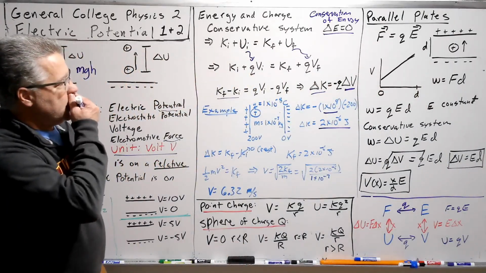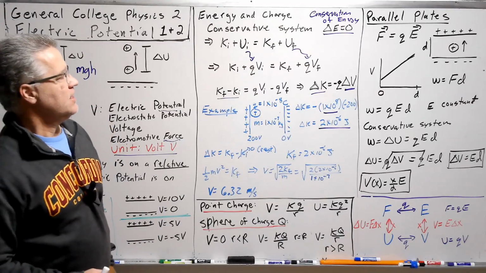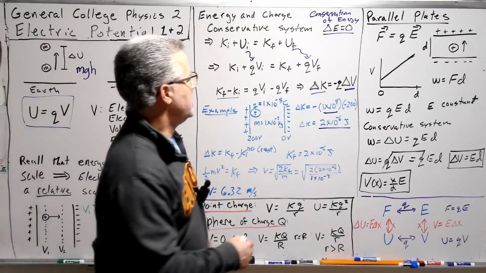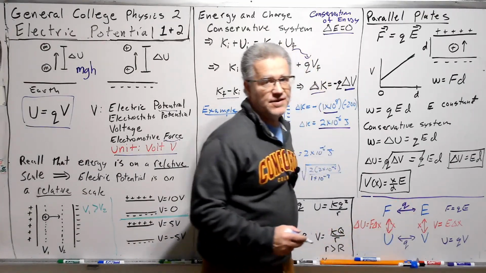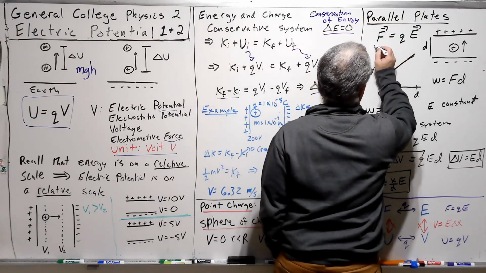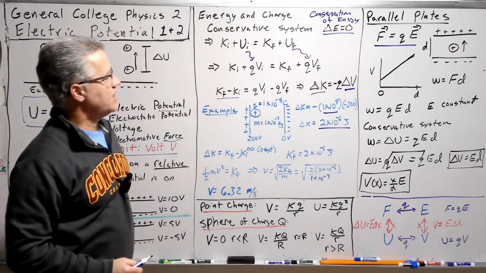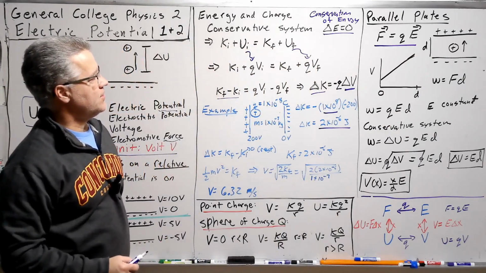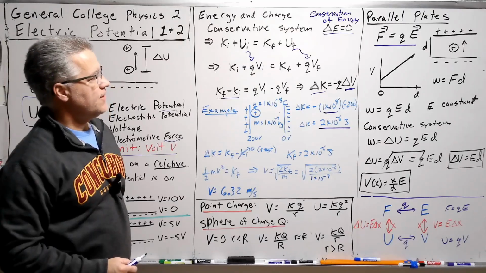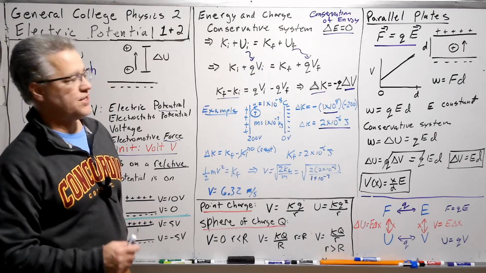Okay. Well, the last important one, of course, is the parallel plates. Here we don't need any calculus because the electric field is constant. If we remember that force is derived from just multiplying the field times the charge, then in the parallel plate capacitor we have a constant field, so our force is constant.